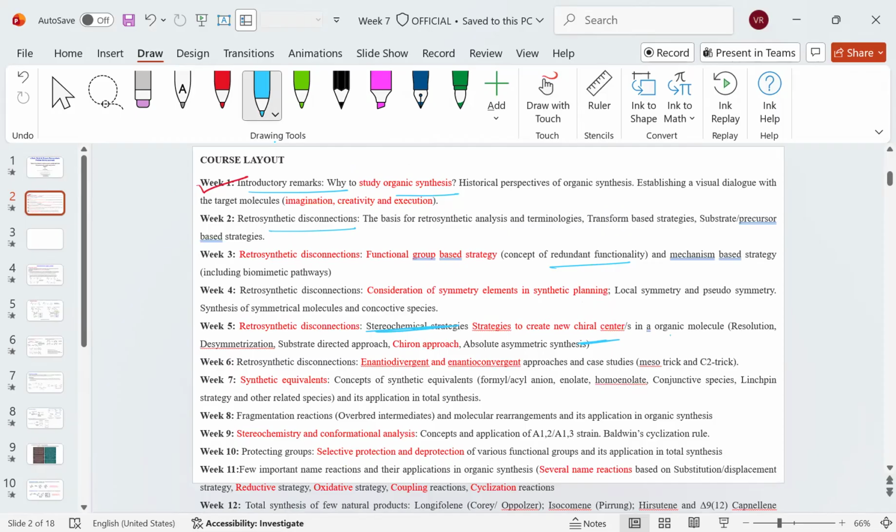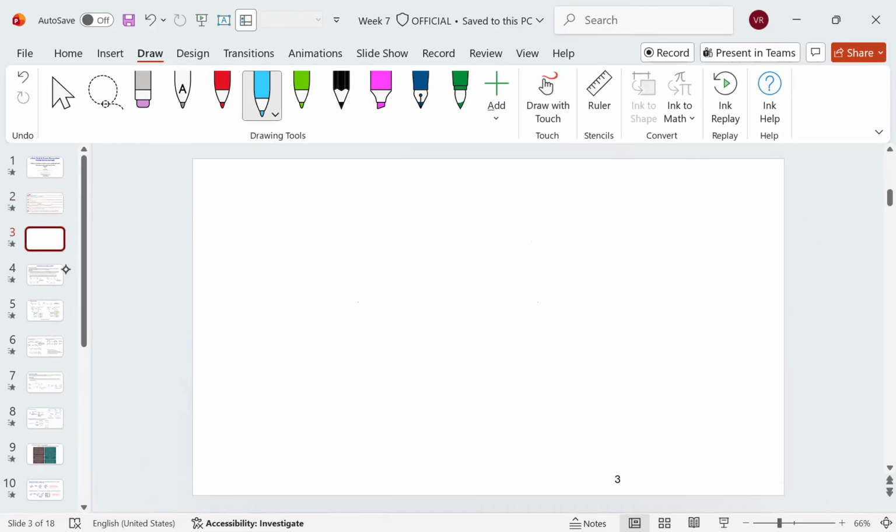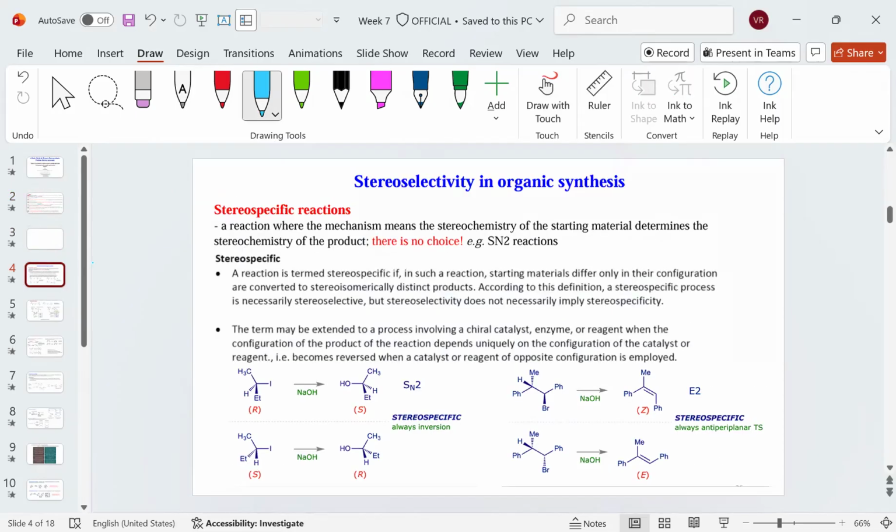So before going directly to the problems, in this video I will cover some concepts on stereoselectivity in organic synthesis, and we start from the very basic, and slowly we'll move to some advanced concepts of stereoselective synthesis and retrosynthesis, which involve chiral centers.